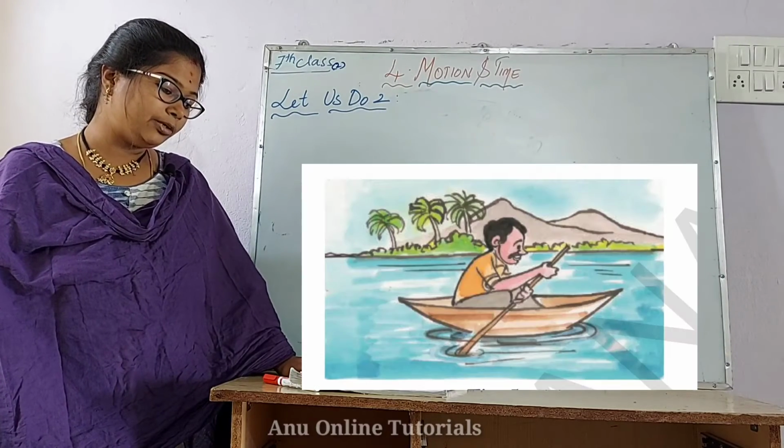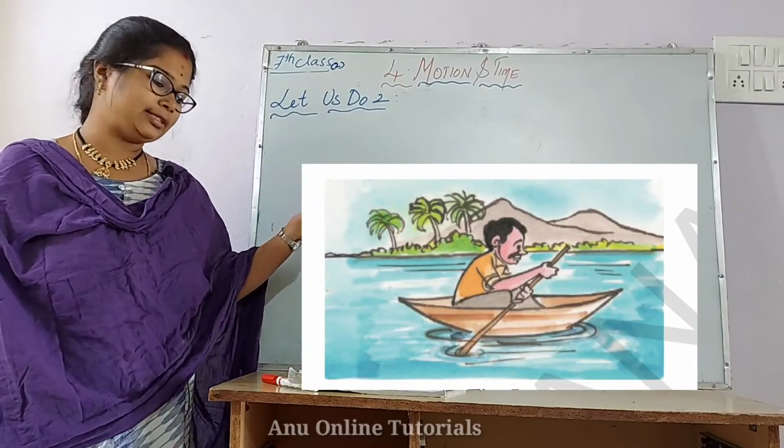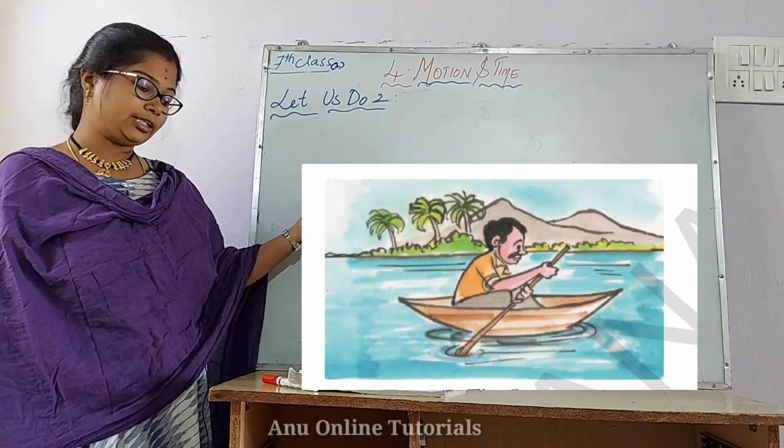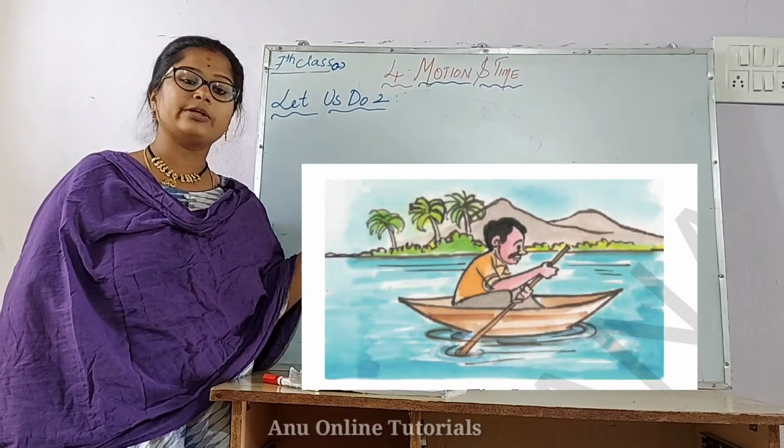Talk about them with your friends. Here is a picture on the screen, you can see it, and the question I am going to ask you. The man in the boat is moving in relation to the bank of the river.